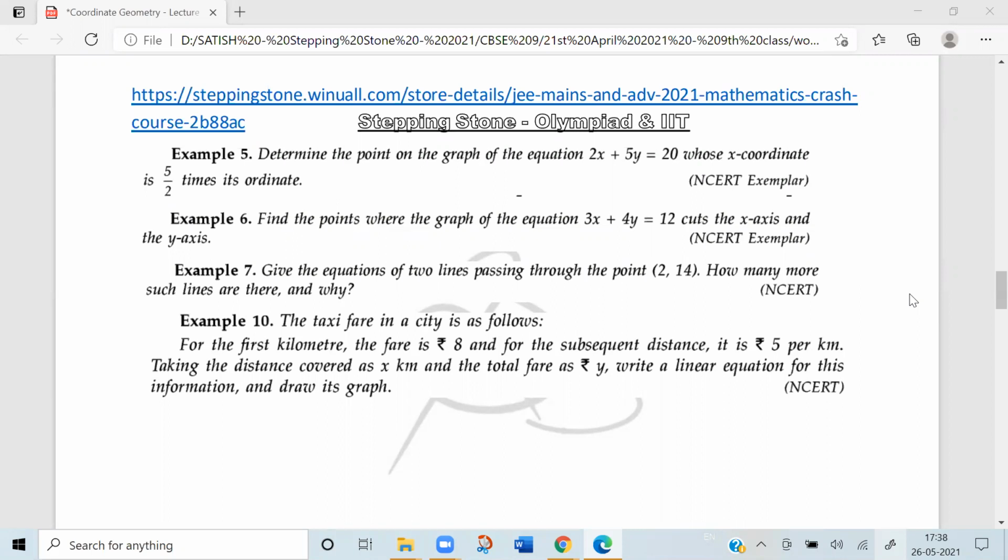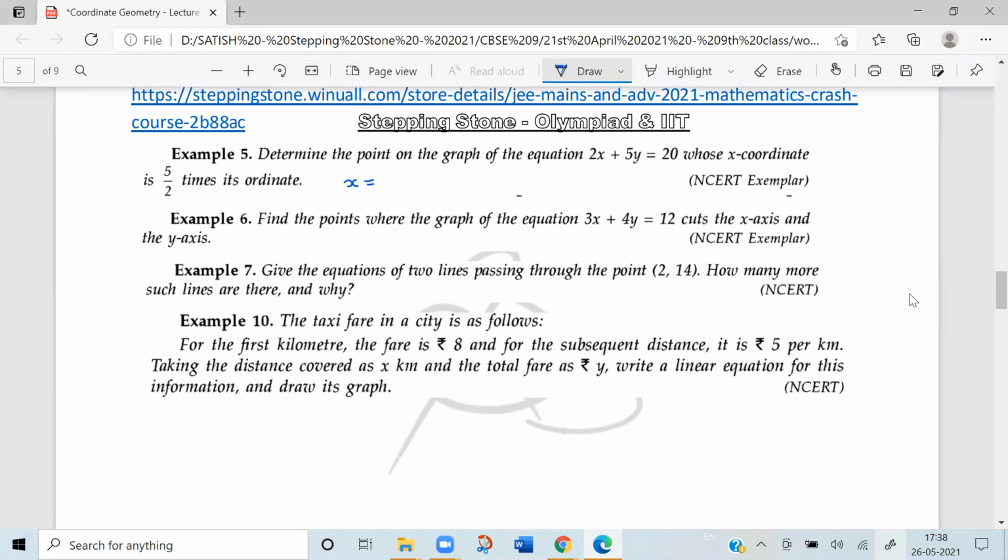So you need to calculate the ordered pair. The x coordinate is 5/2 times its ordinate, which means x = 5/2 y. Now you substitute x in the equation and solve for y.